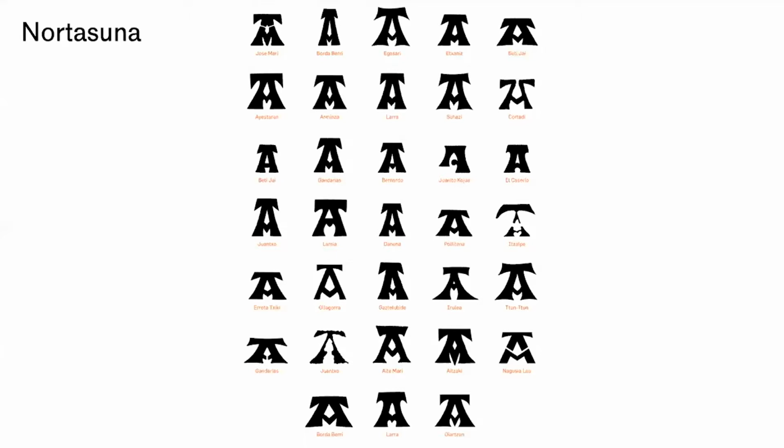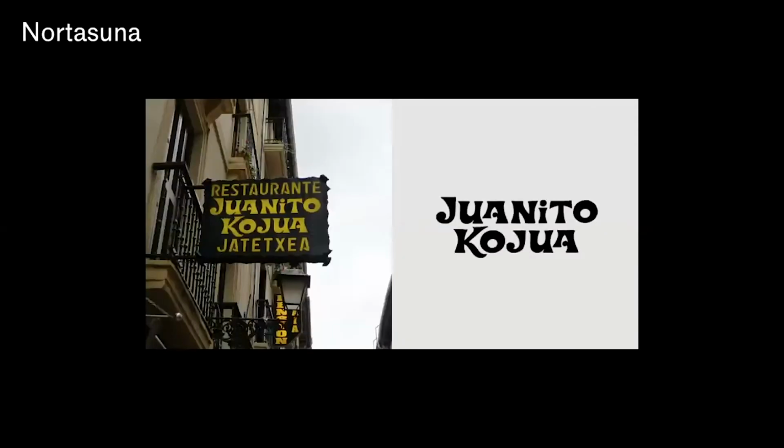Inspired by ancient stone carvings, it experienced a widespread revival in the 70s and 80s after the end of Franco's dictatorship, as a symbol for Basque identity and tradition. Over the years, the style has arguably acquired a kitsch or even conservative connotations.